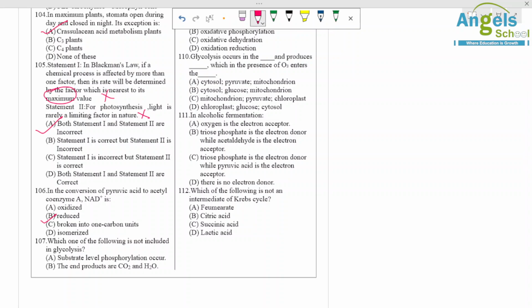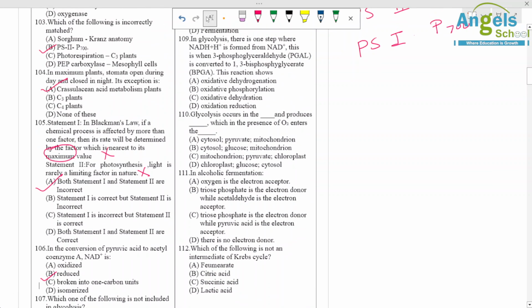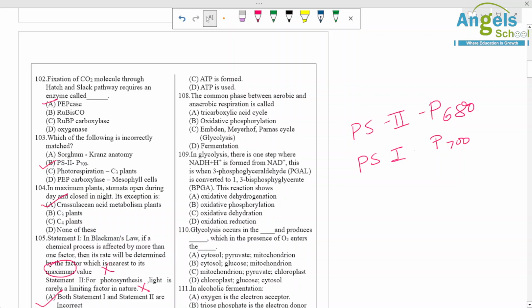107. Which one of the following is not included in glycolysis? Option A, substrate level phosphorylation occurs. Option B, the end products are CO2 and H2O. Option C, ATP is formed, and option D, ATP is used.